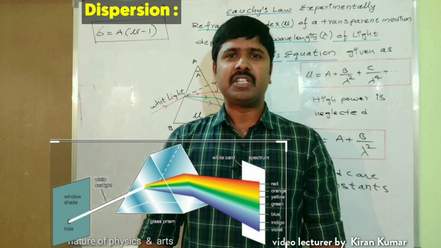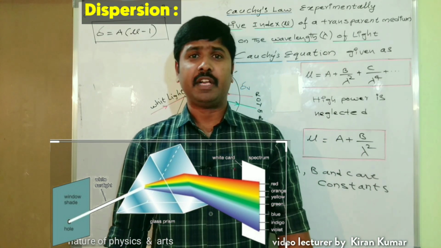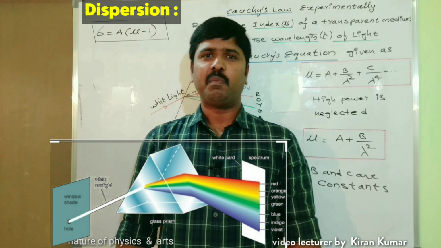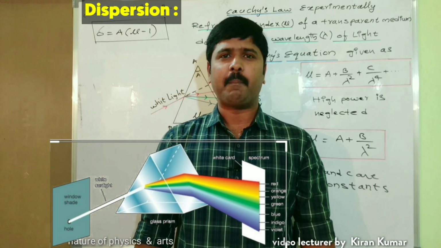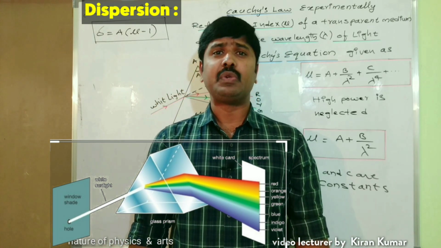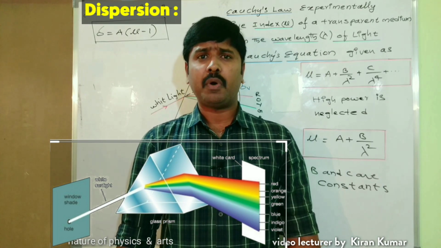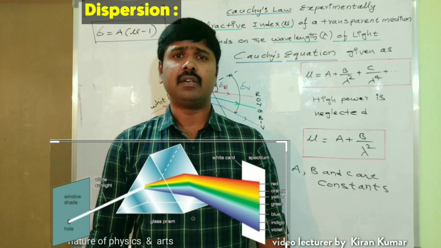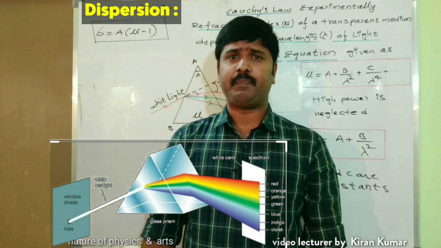Now, what is dispersion? See, when white light passes through a prism, it splits into its component colors. This phenomenon is called dispersion.